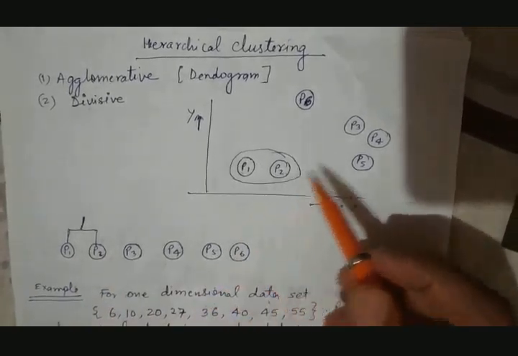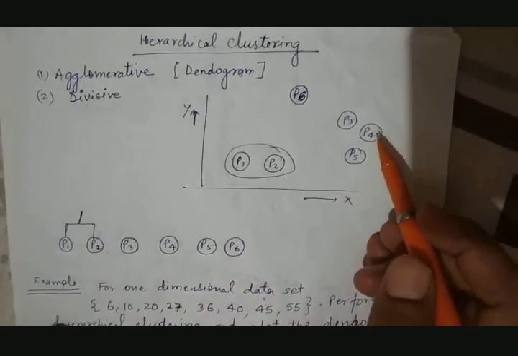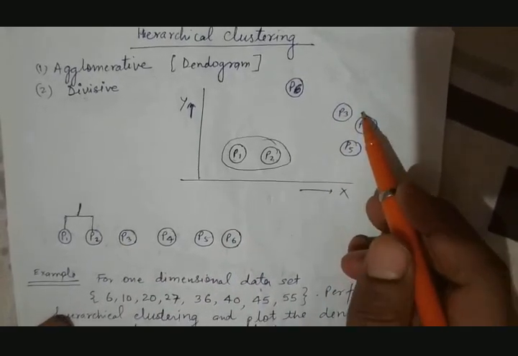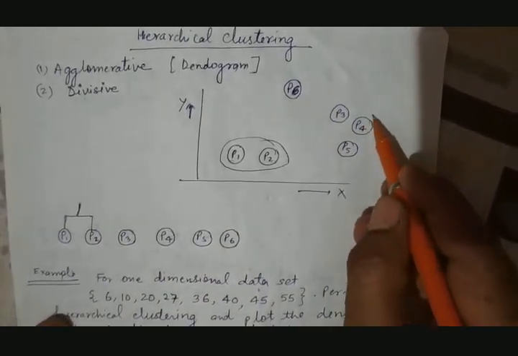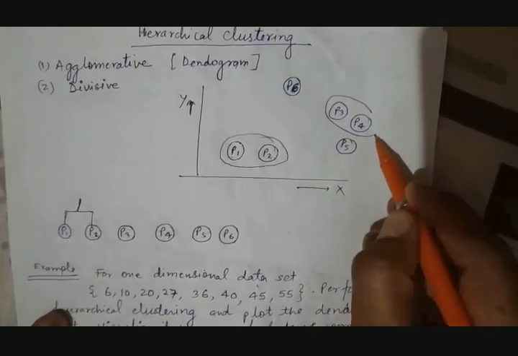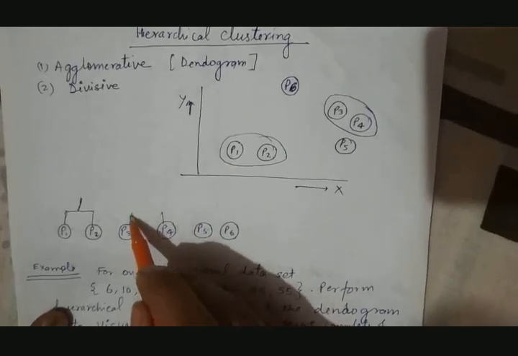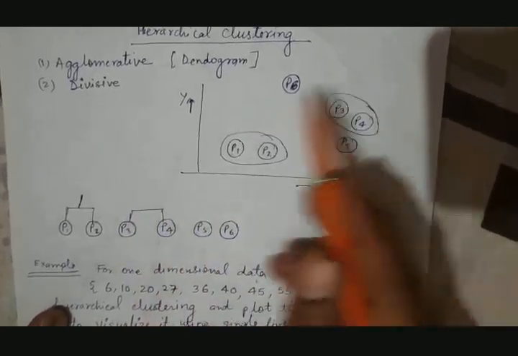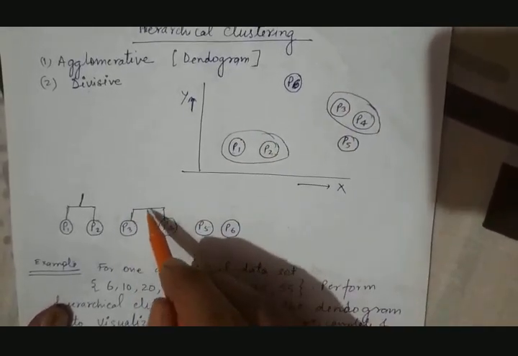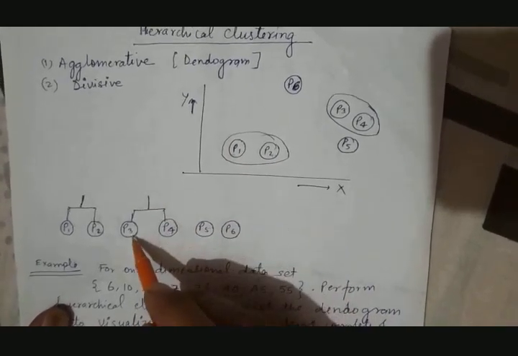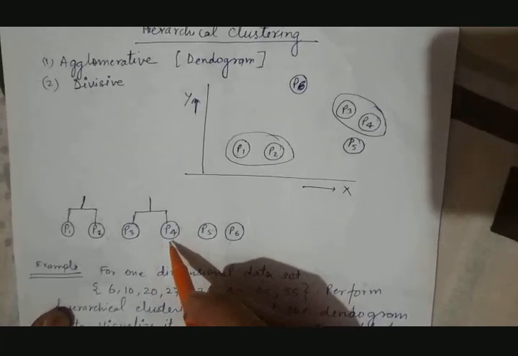Now again, just see here, if we talk about P3 and P4, they are very near to each other, so we will combine these two clusters. P3 and P4 both are very near to each other in this coordinate system, so they will be combined, and finally we will get a next cluster that will have two data points, P3 and P4.